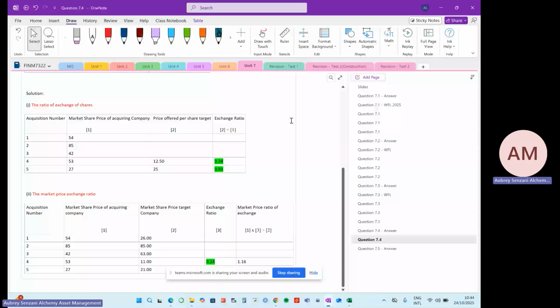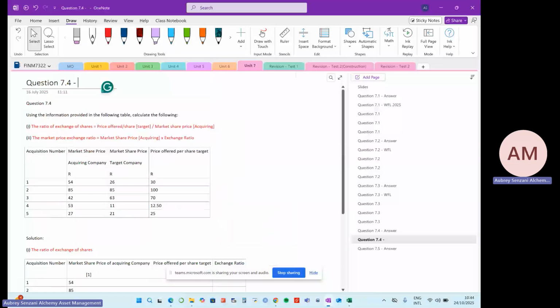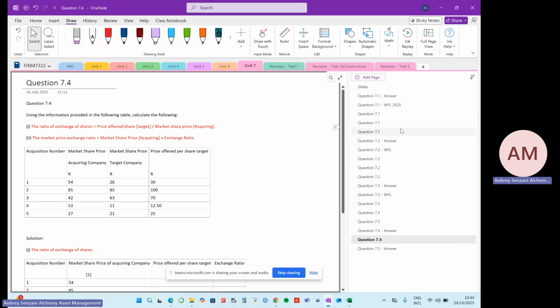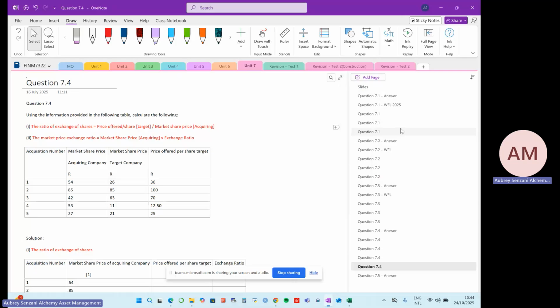So let us do question 7.4 of learning unit 7. Let's see what they are asking there. Actually, before I label this, let's do this so I don't need to redo this at a later point in future.